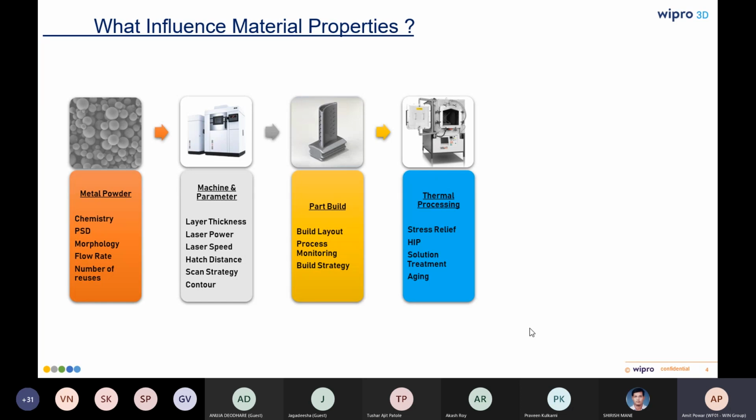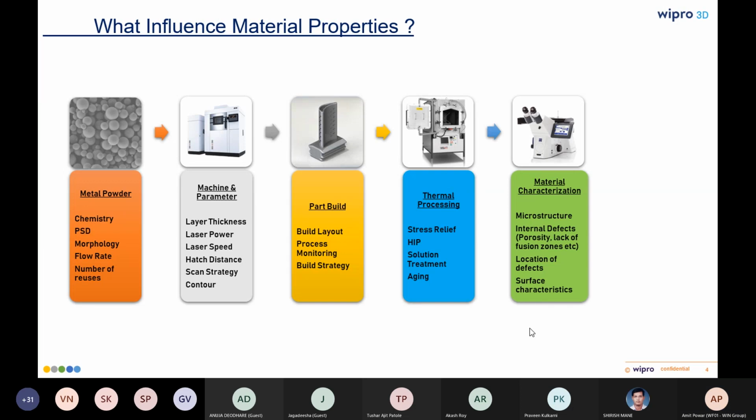Other sectors like oil and gas and automobile do not mention this, but for aerospace parts it is compulsory to process through the HIP route. Again, solution treatment and aging can be optimized according to the property requirements.